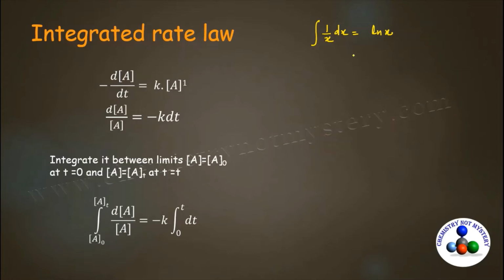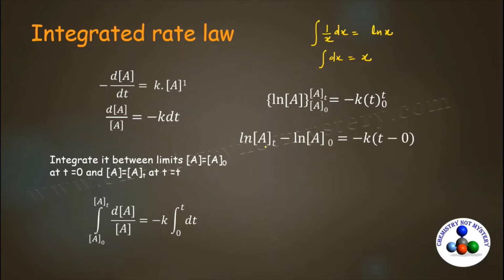And for the right side of the equation, we have another formula, integral of dx is equal to x. So we will get ln A with limits A0 to At is equal to minus k, same equation, but limits 0 to t. On solving the equation, you will get ln At minus ln A0 is equal to minus kt. So this is the integrated rate law.